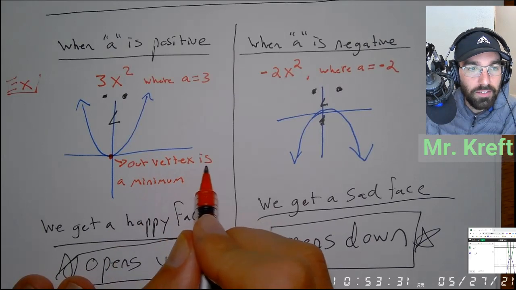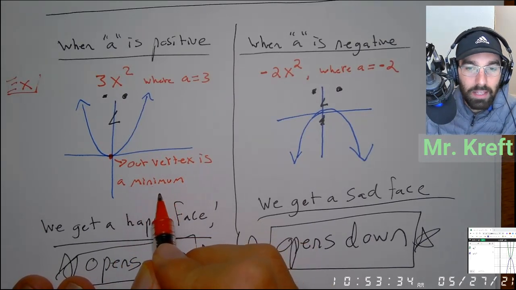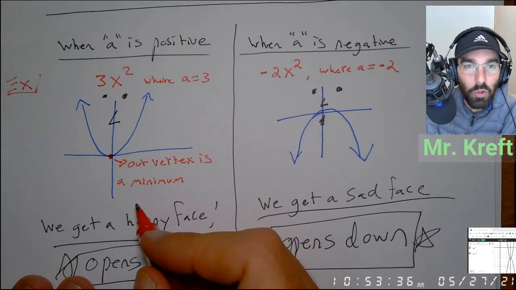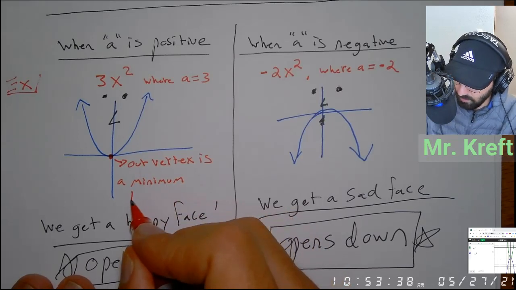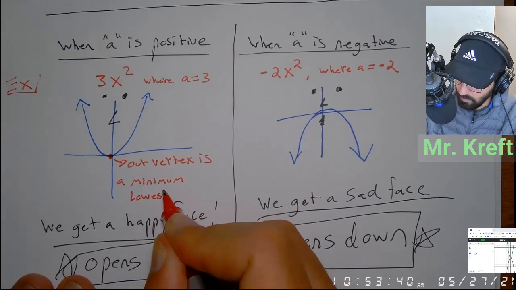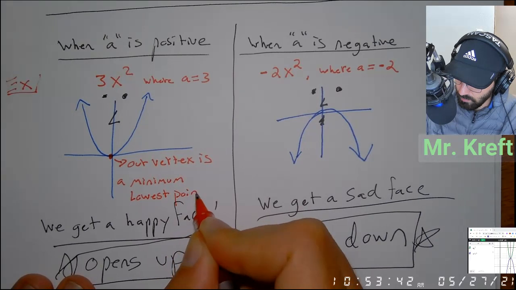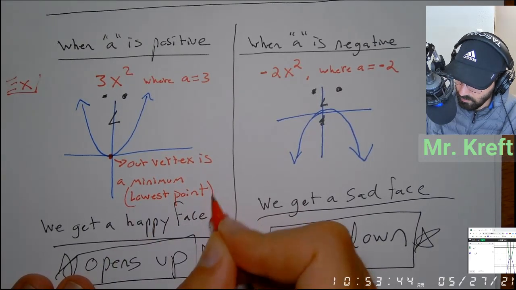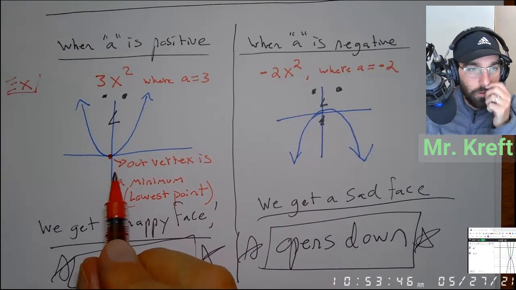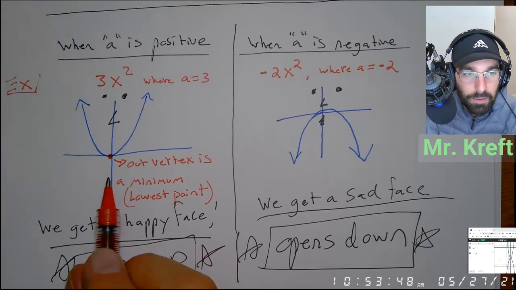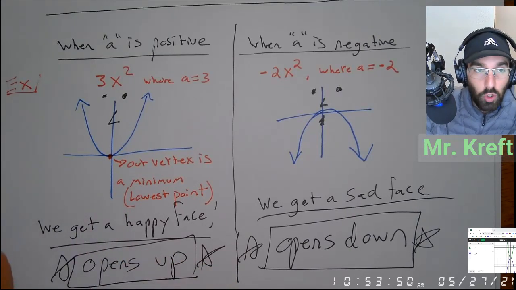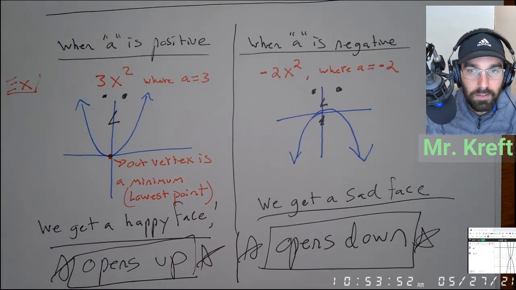And a minimum means the lowest point. So our vertex is a minimum, that means the lowest point.